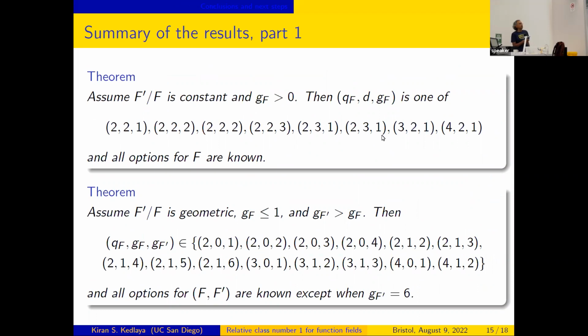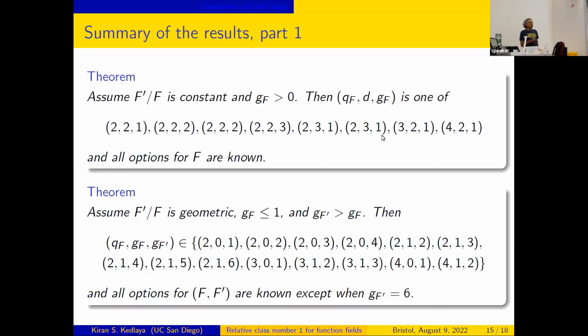I'll do one more thing. If you have an extension F prime over F which is constant, so I'm dropping that geometric hypothesis, if I allow the constant case, then there's a very small number of possible triples: base field size, degree, and genus of the base field. I have a complete table of these in the paper.